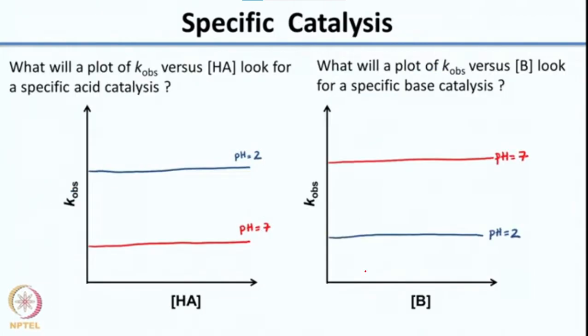Now let's talk about the specific catalysis plots. So what will a plot of k observed versus pH look like for specific acid catalysis? As I told you, in acid catalysis it was directly proportional, right? When the H3O plus concentration becomes higher, that means acidity becomes higher, and the k observed value will also be higher.